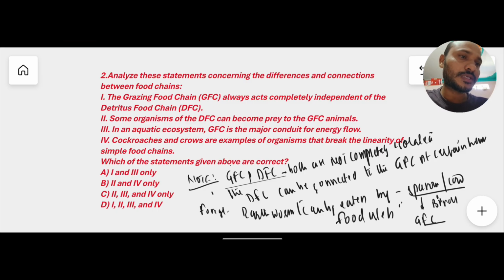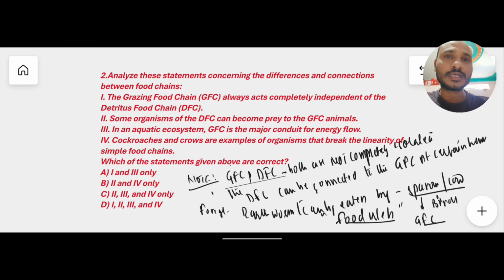A food web illustrates the interconnection of different food chains. GFC and DFC are connected to each other at a certain level, hence they form a food web. Remember. Analyze this second statement. There are four options. Which of these statements above are correct?